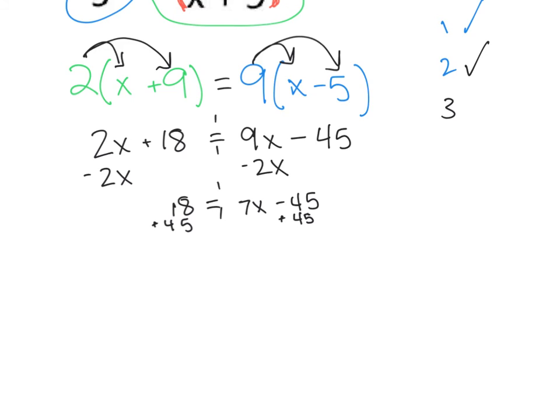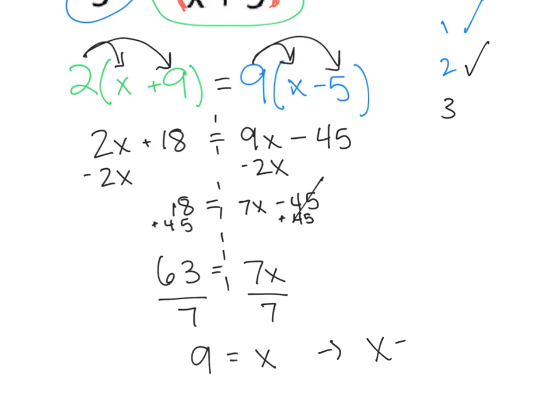So we're left with 63 equals 7x. We need to divide both sides by 7 to undo the multiplication. And we end up with 9 equals x, or x equals 9.